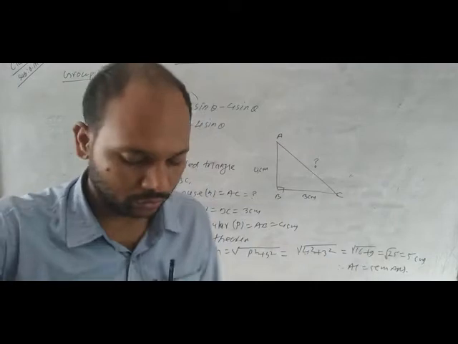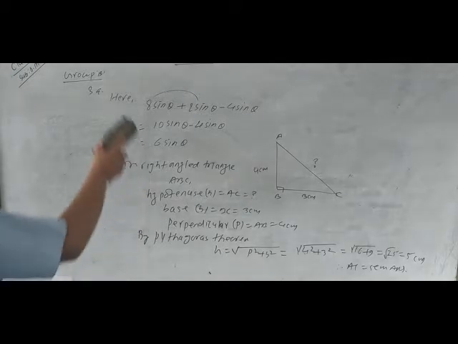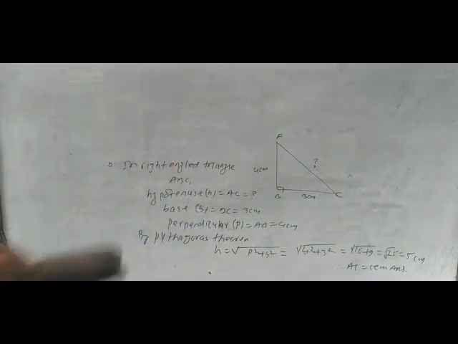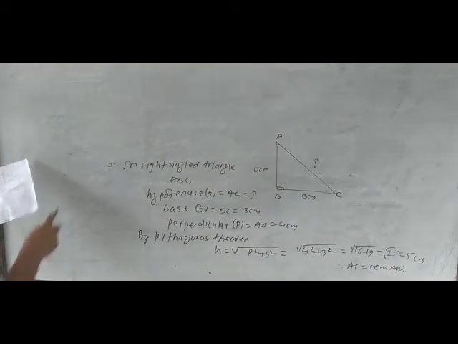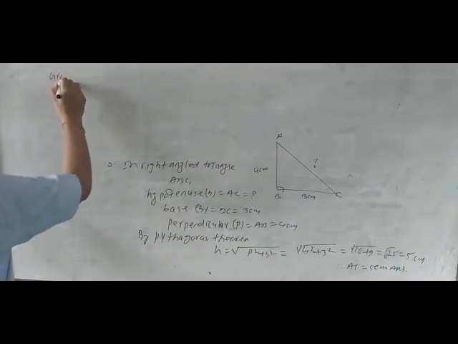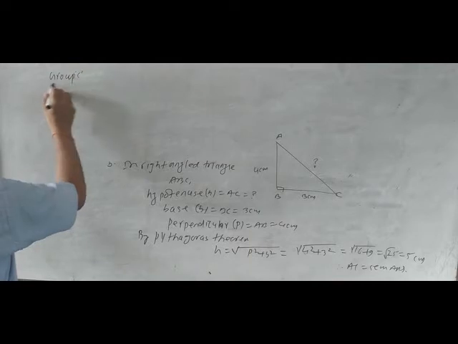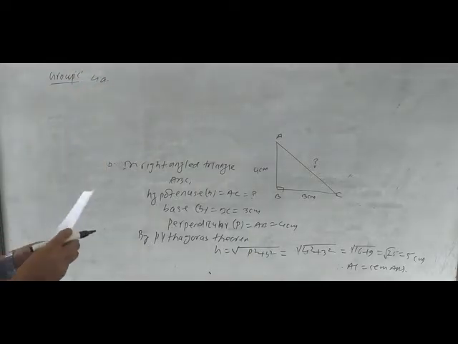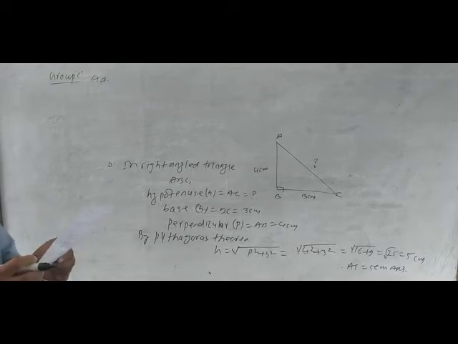We complete group B. Now I am going to erase this. All of you take a screenshot. Now I am going to solve group C questions. Group C. In group C we have here 4a. What is your question of 4a? In the figure, area of a square.